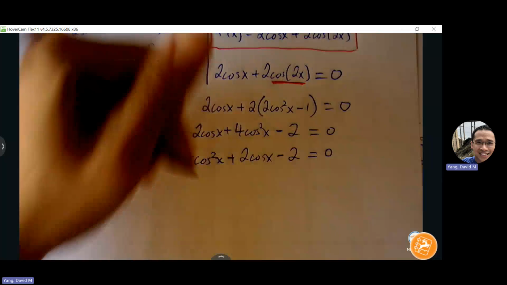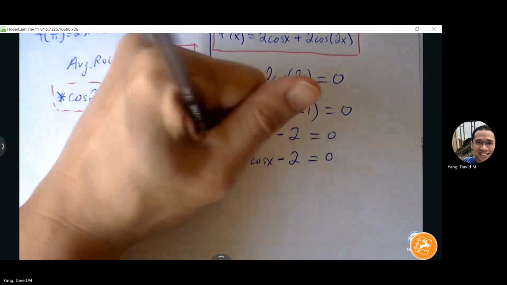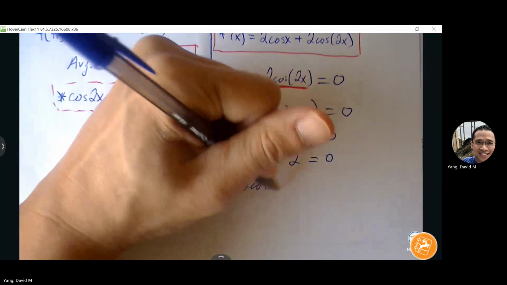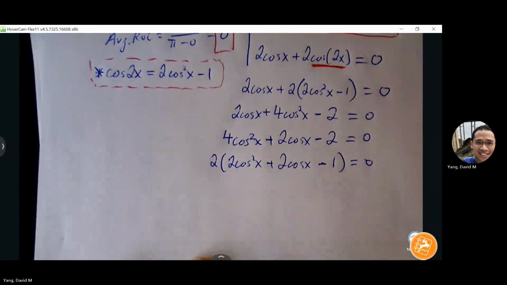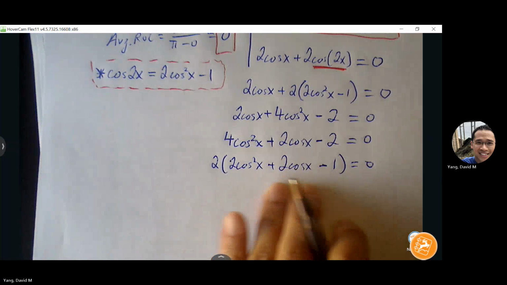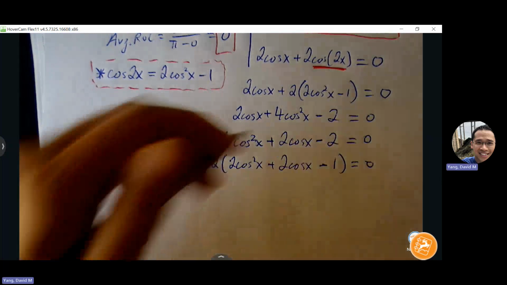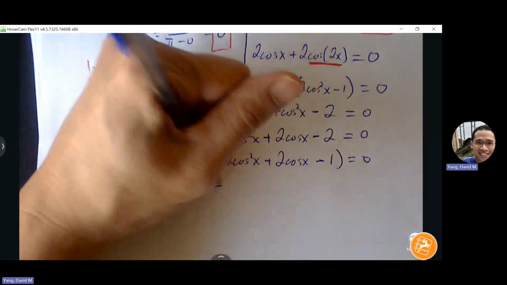I can factor a 2 out. So if you don't want to factor in terms of cosine, maybe we can step away and do an easier version of the problem.